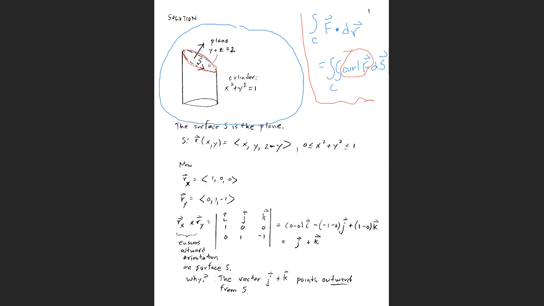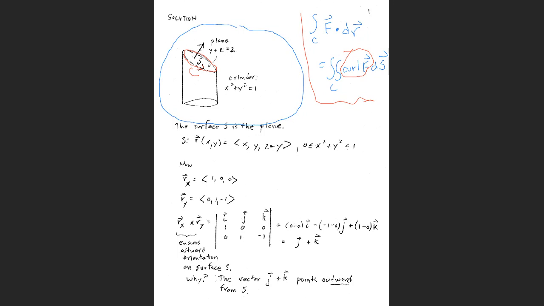Now, you can't apply Green's theorem to this situation because your curve C here in red is in three-dimensional space. Green's theorem is when the curve is in two-dimensional space in the xy plane.